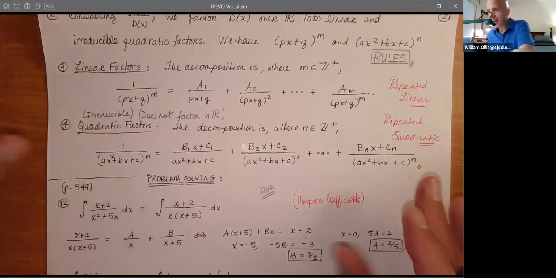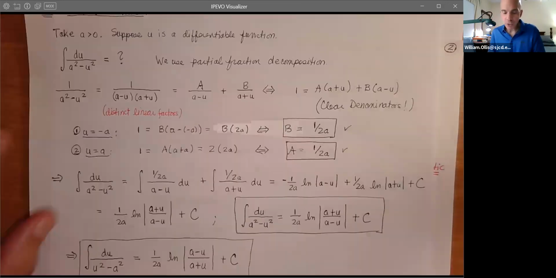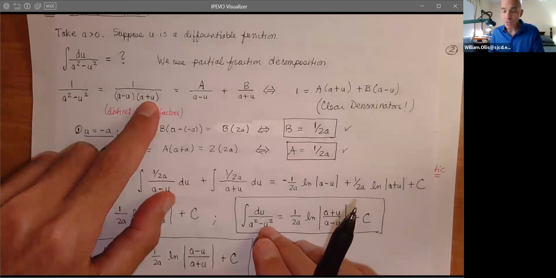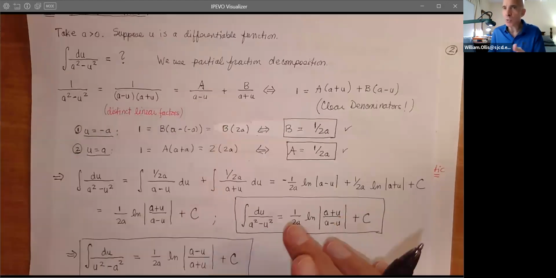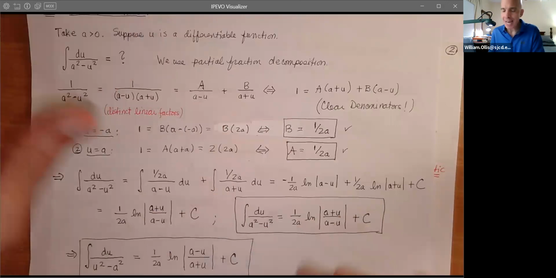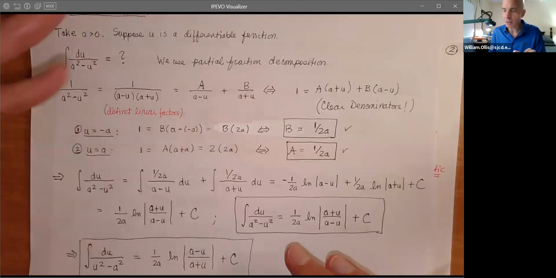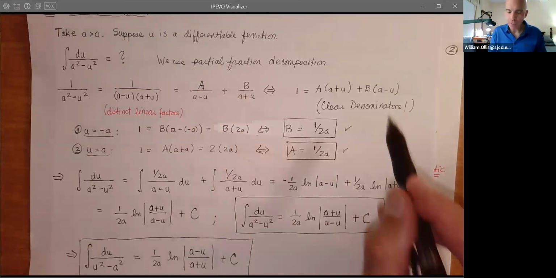So when we look back at the original problem here, we only had to the first degree each of these distinct factors. So we just have an A and a B. Now we could do A1, A2, A3, but that gets confusing. I just use the letters of the alphabet, and rarely would we ever run out. And this is much easier to keep track of. And then of course we did this in the abstract, so we didn't have a bunch of numbers.